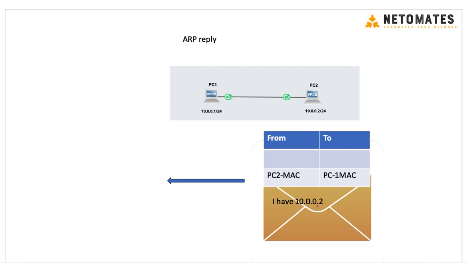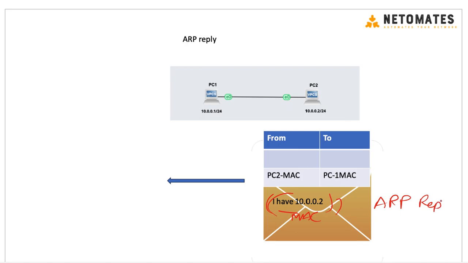So it will check whether it is its own IP address or not. In this case it is its own IP address. Then it will construct another packet and reply back with, okay, yes, I have 10.0.0.2, and it will include its own MAC address. So this will be the ARP reply data.